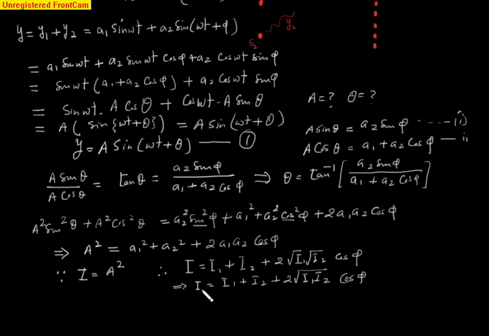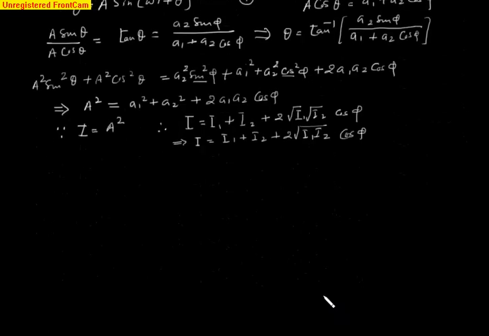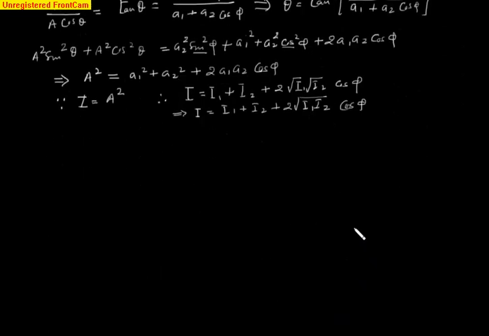So from this expression it is quite clear that the intensity on the screen will depend upon cosine of phi. Now the maximum value of cosine phi is +1 and the minimum value of cosine phi is -1. It means when cos phi is equal to 1, we will get maximum intensity here.